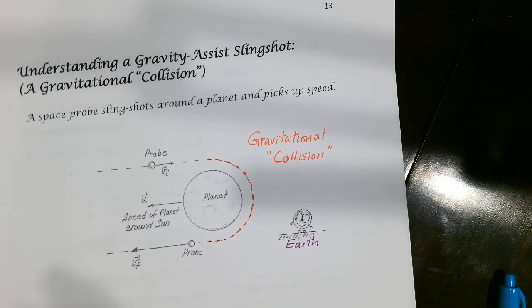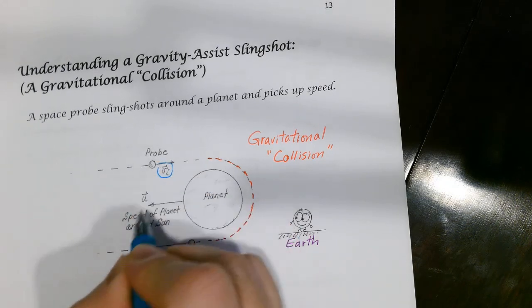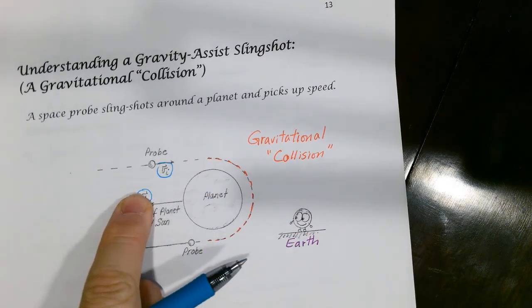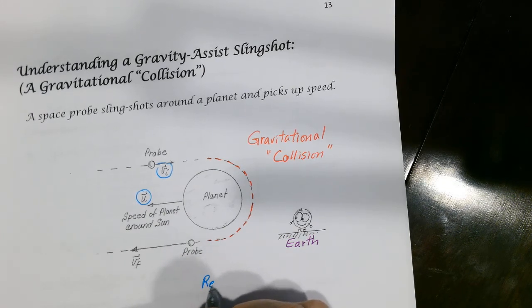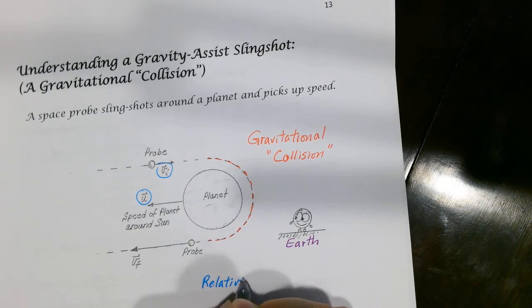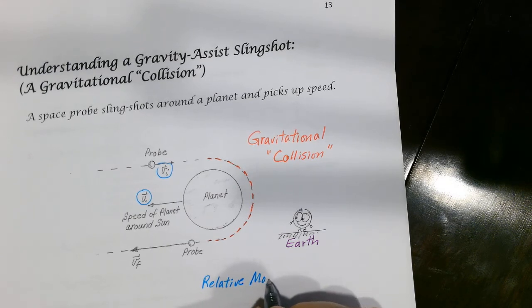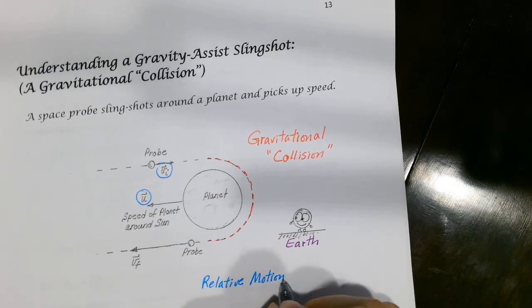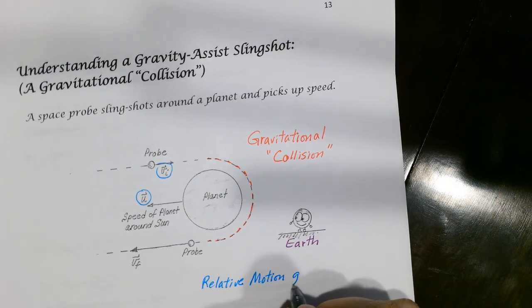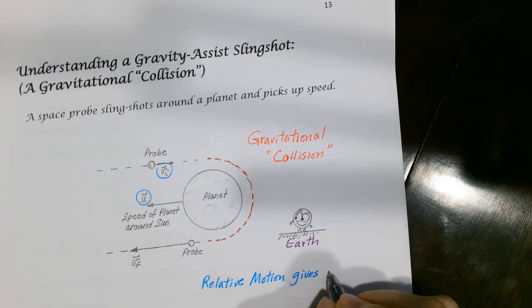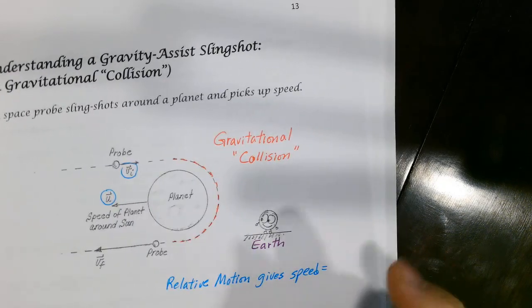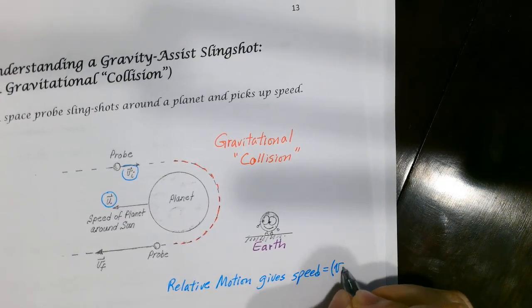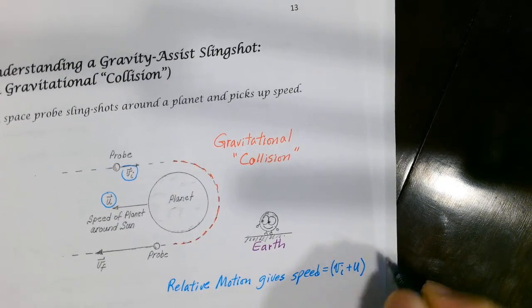The relative motion of this speed coming in and this u, which is the platform, gives a speed that is equal to vi plus u.